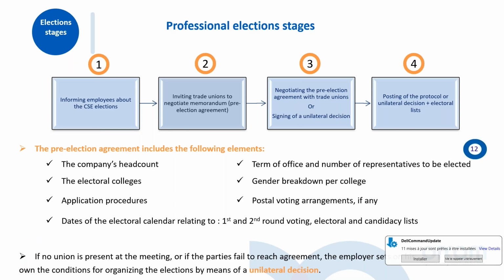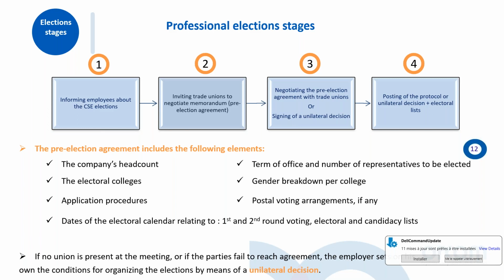If you wish to have postal voting, you'll need to have information about this arrangement. And you also need to include the dates of the electoral calendar relating to the first and the second round voting. This is very important because all the calendar is based on these dates.